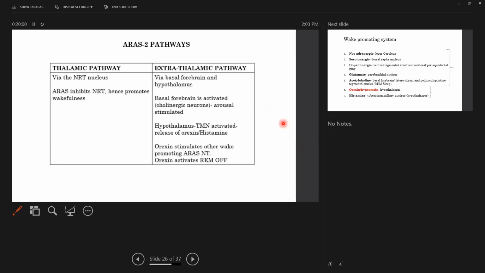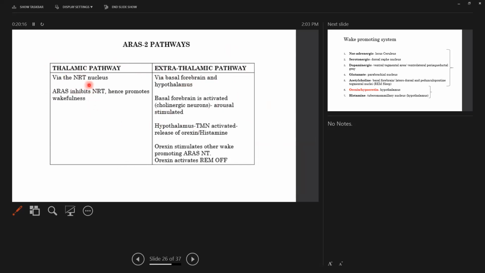Now let us understand how ARAS is involved in sleep. There are two pathways of promoting sleep or wakefulness, the sleep-wake cycle: the thalamic pathway and the extrathalamic pathway.